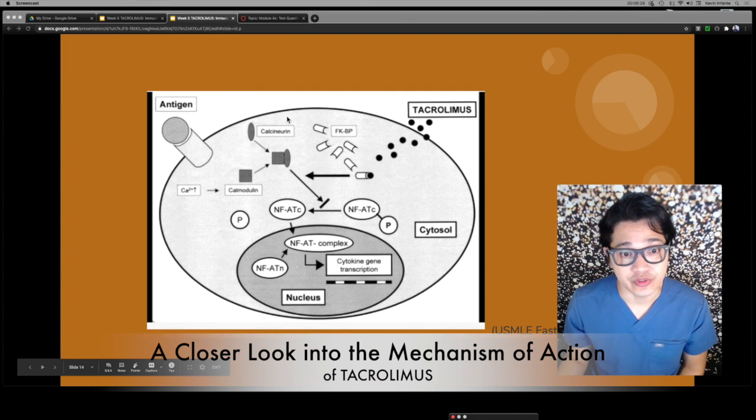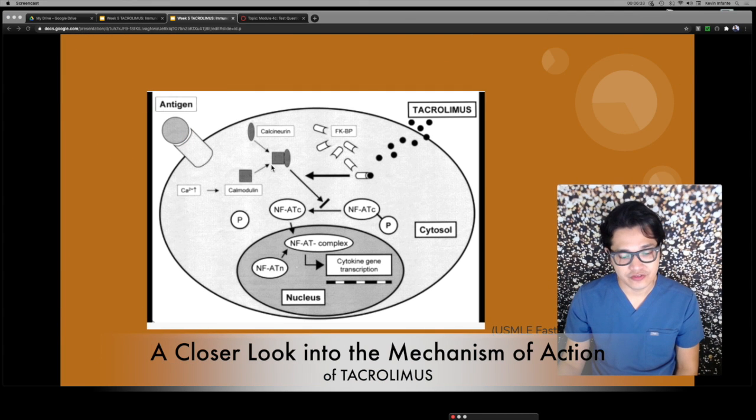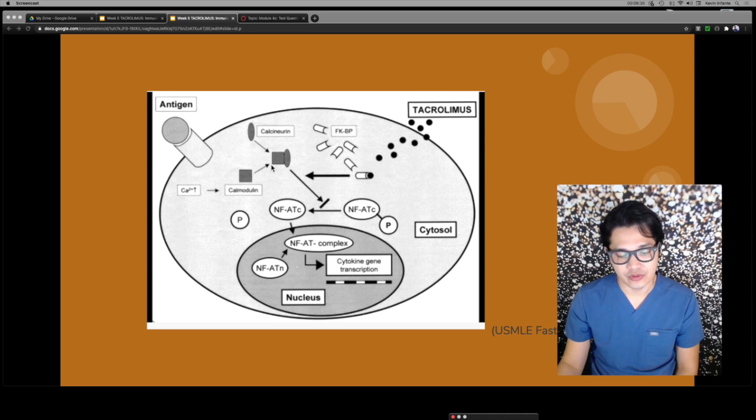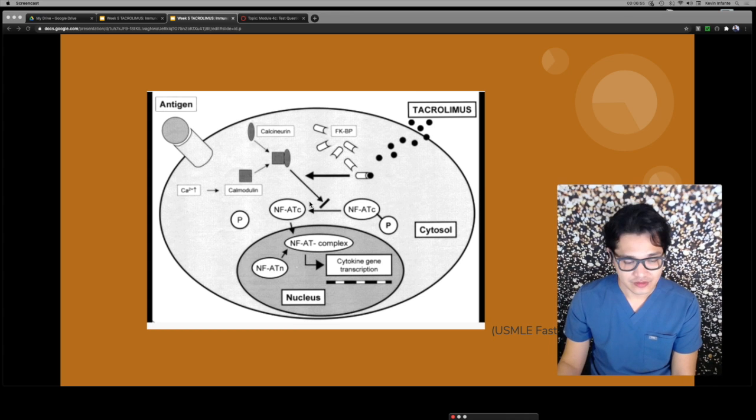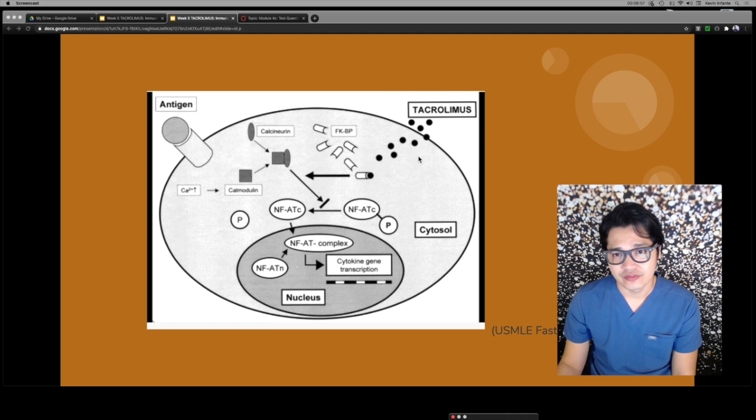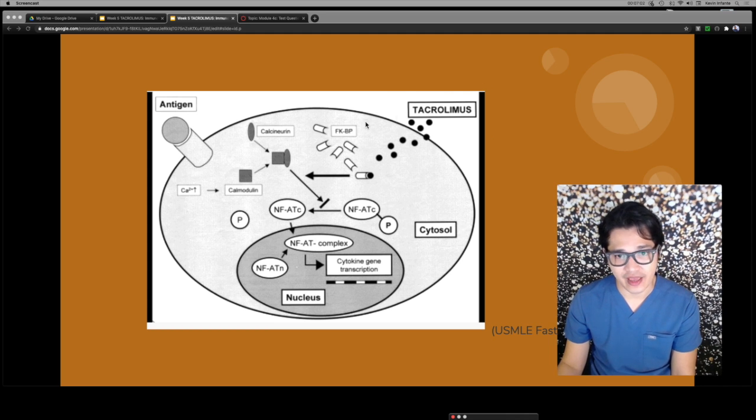Normally, calcineurin cleaves a phosphate group off of the nuclear factor of activated T cells. This transcription factor then enters the nucleus and initiates the production of interleukin-2, as well as a host of other chemokines that lead to T cell replication. Prograf acts by binding to immunophilins known as FK binding proteins, or FKBP, shown here in this image.